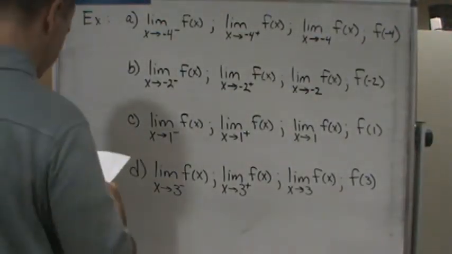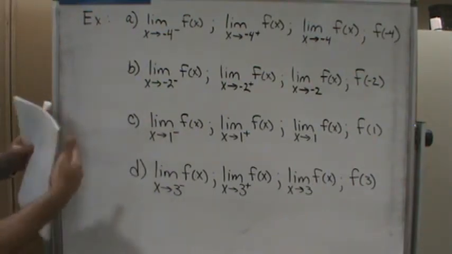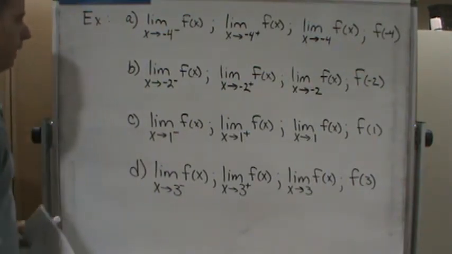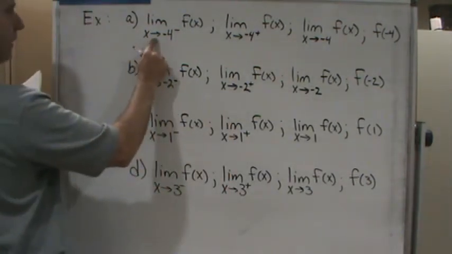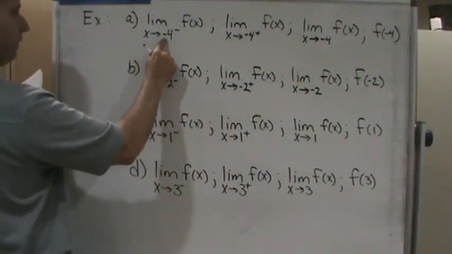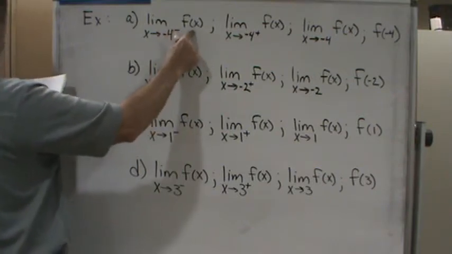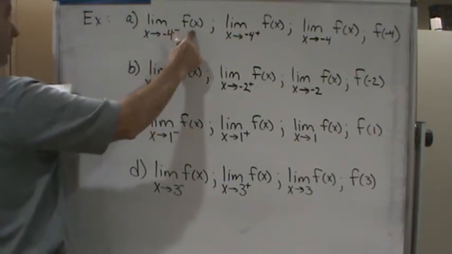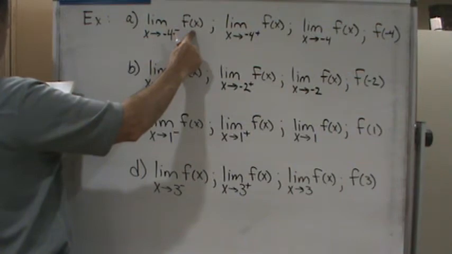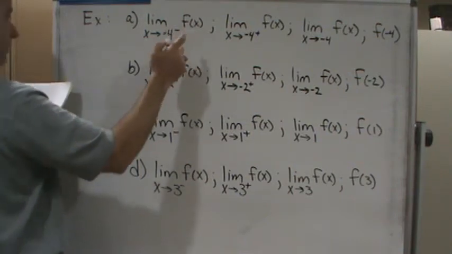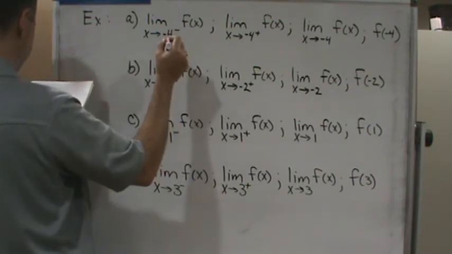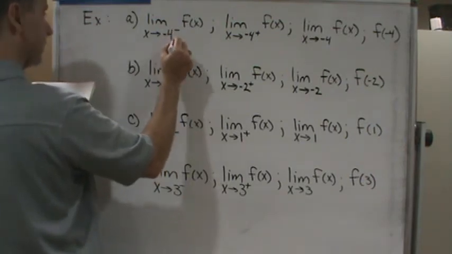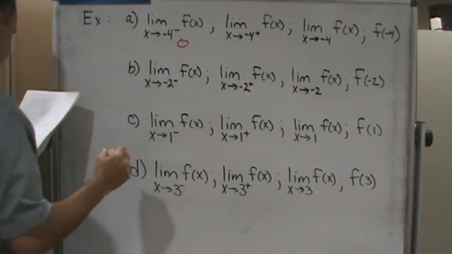Okay, so now let's start with the first one. So we look at the graph, and the first thing is we want the limit as x approaches -4 from the left of f of x. So we're approaching -4 from the left, and so what I get is as we approach -4 from the left, we get the limit is 0.